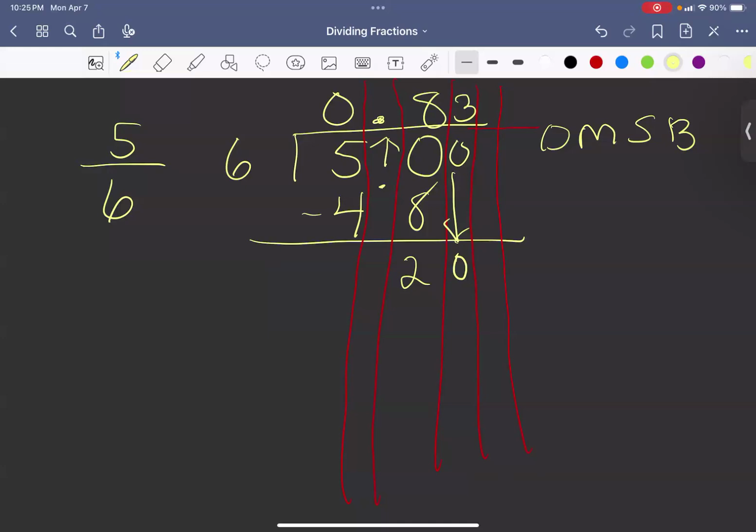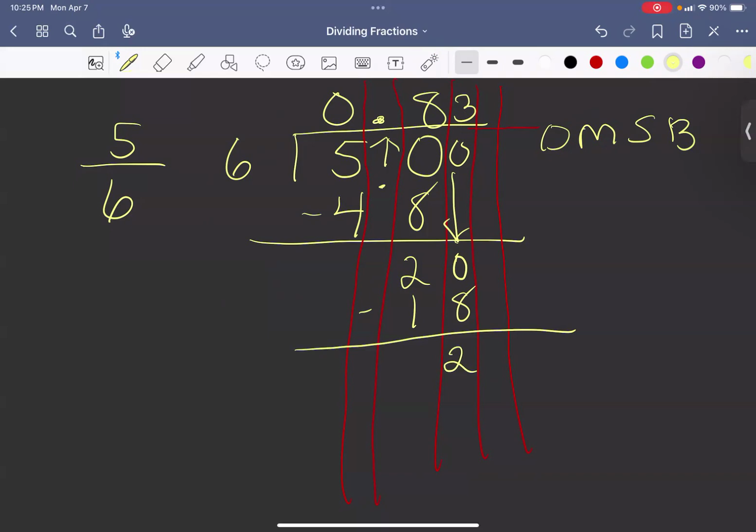So I divided. Now I need to multiply. 3 times 6 is 18. Now I need to subtract. 20 minus 18 is going to be 2 again.